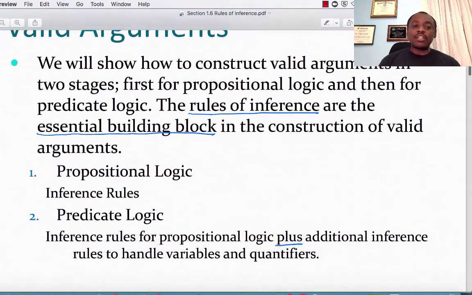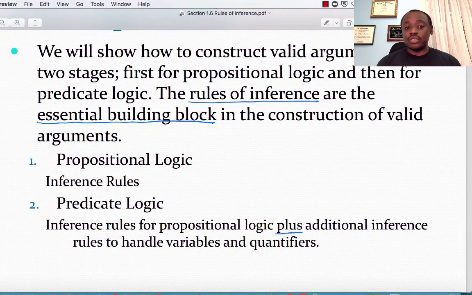For propositional logic, we would use inference rules, and for predicate logic we would use inference rules for propositional logic plus some additional inference rules to handle variables and quantifiers. For every x, there exists x, we would look at some additional inference rules that will permit us to handle variables and quantifiers. So it's all about rightly applying rules of inference if we have to construct valid arguments.